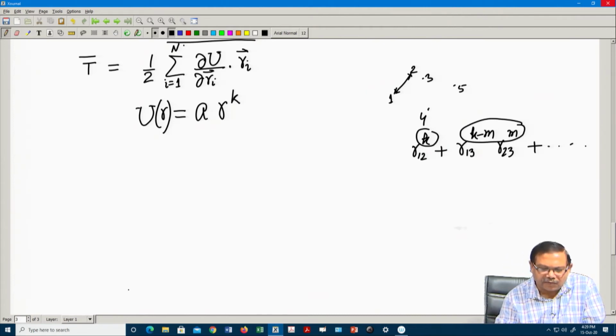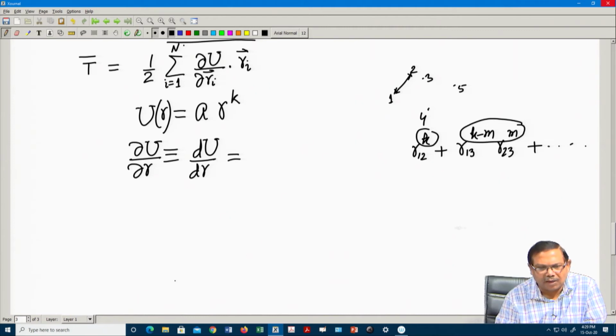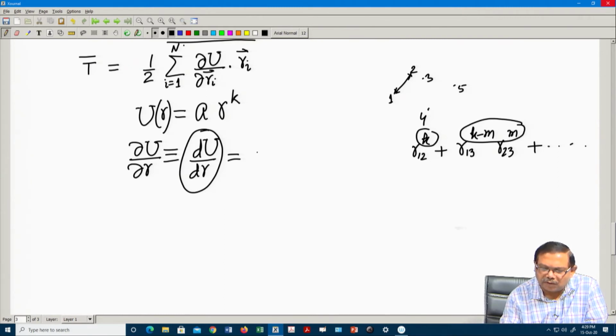So, if that is the case, let us say I take the derivative of this with respect to r, which is the same as if I write one variable, but u may be a function of not one r; it may be a function of r 1, r 2, r 3. So, I need to write a partial derivative, that is why I have written it. For a one dimensional problem it is du dr, otherwise it is not. So, then what do we get?